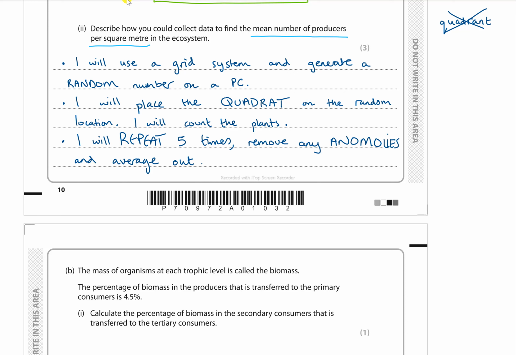You just have to make sure the quadrat is 1 square meter. So the key things here are: use a grid system and a random number to place it, use a quadrat on the random location chosen and count the plants, then repeat, remove anomalies and average out. It's a standard answer that covers everything.